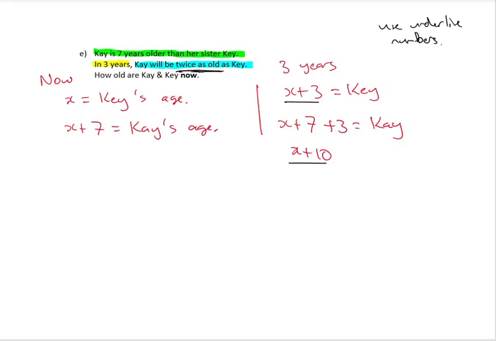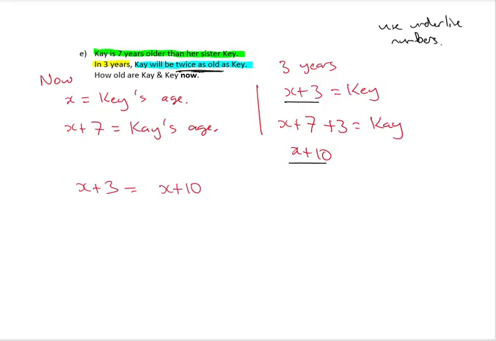So what do we have? We have x plus 3. K will be twice as old as Key. So Key is x plus 3, and K is x plus 10.